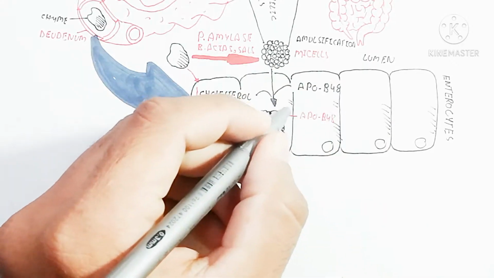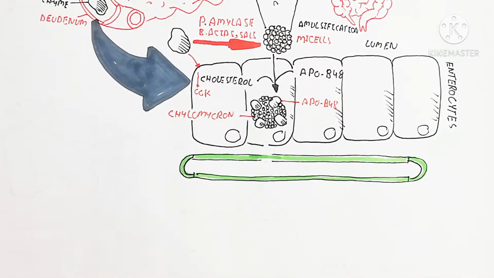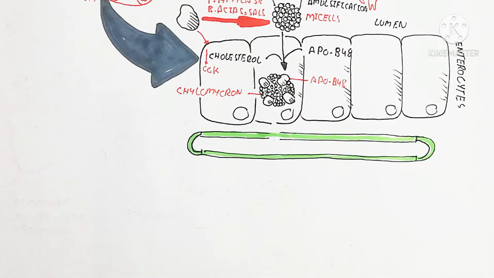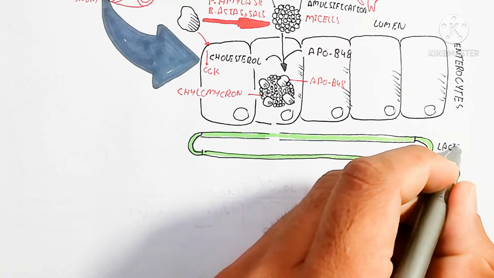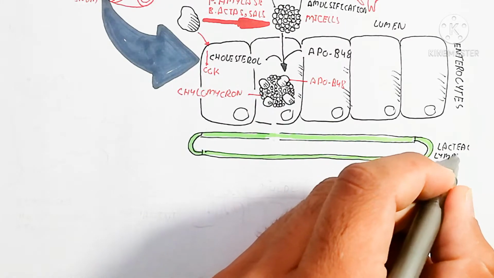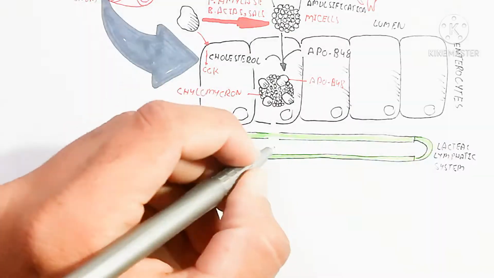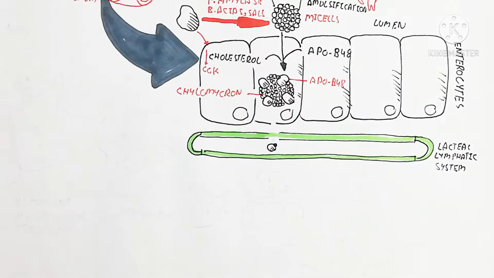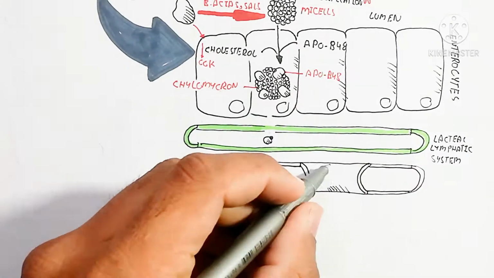That is the initial phase of the production of lipoprotein. Ultimately it goes into the lymphatic system. The lacteal is here in green color. When it goes inside the lacteal, the first checkpoint is to check whether microbes are present or not, for immune cell activation.